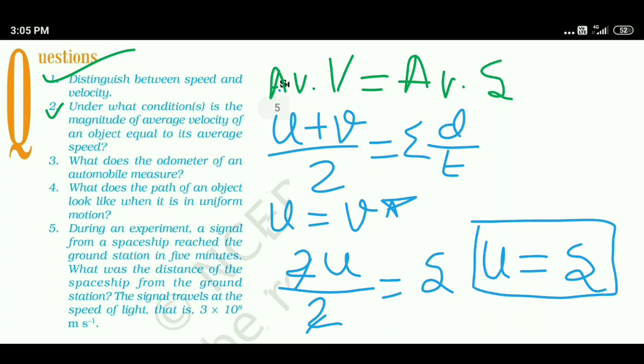That means what I am trying to say? When we suppose that u and v are equal, that means the initial velocity of an object is equal to the final velocity of the object, then we reach the conclusion that this initial velocity is equal to the average speed. Okay. So see, what do we understand?